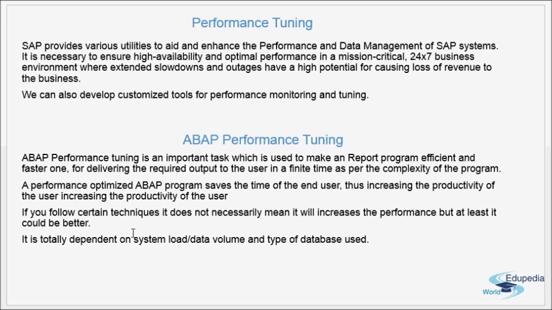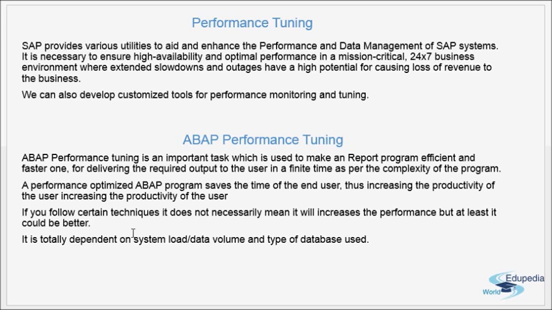So when we talk about the various businesses which use SAP systems, the first thing is that there should be high availability. We should have minimal downtimes, and we should have optimal performance, right? Because when users work on the systems, what they look at is the performance. They can't run a report and wait for 5 minutes to get the result.